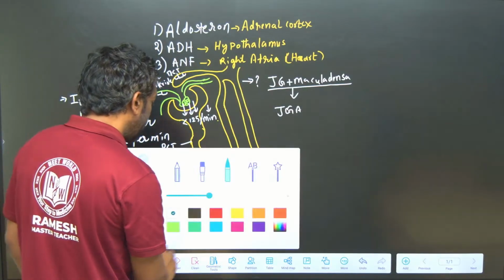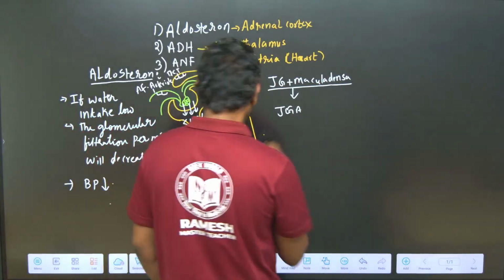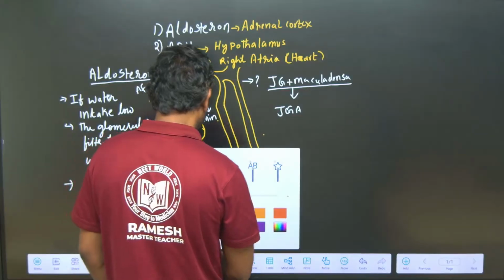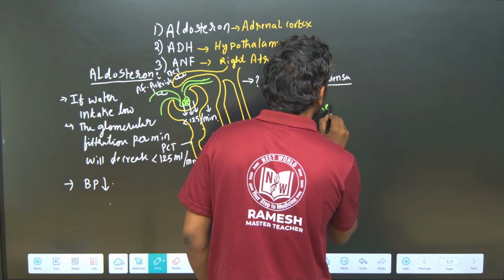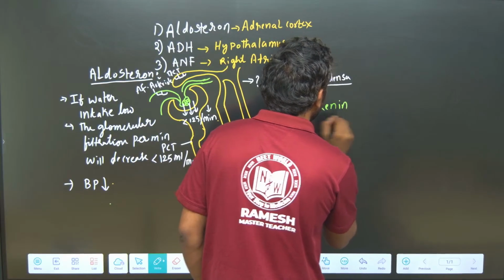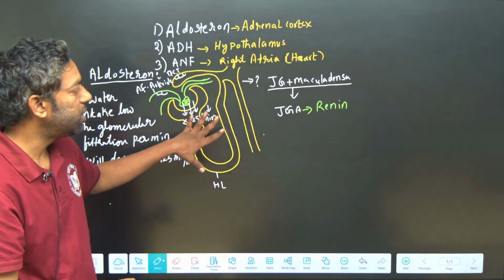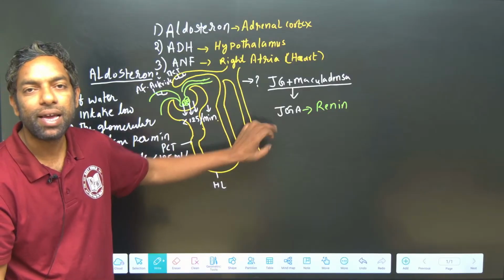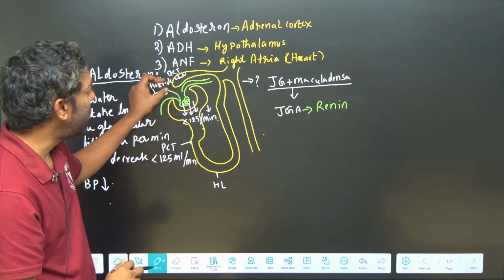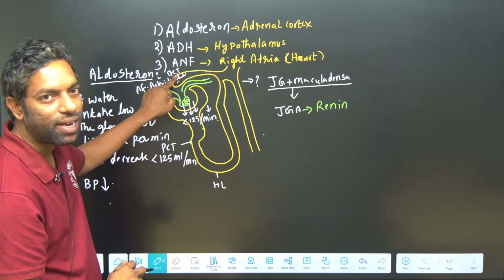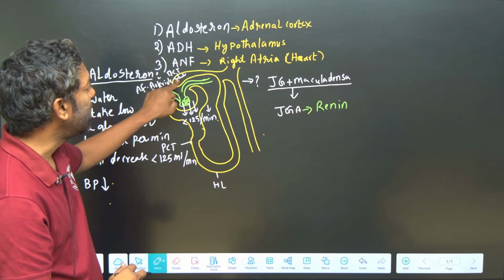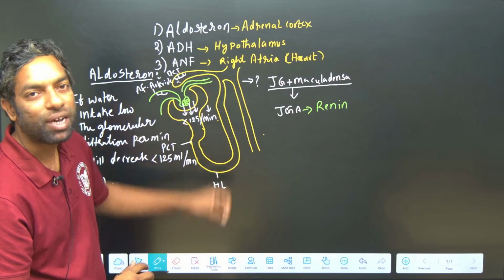The JGA will release a hormone, which is renin. Renin is produced by the JGA apparatus. The macula densa, the DCT part, can recognize that there is a low amount of sodium.